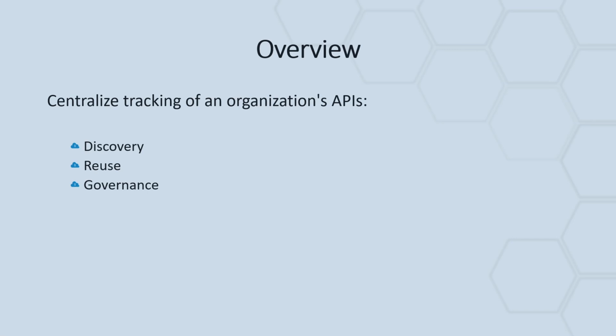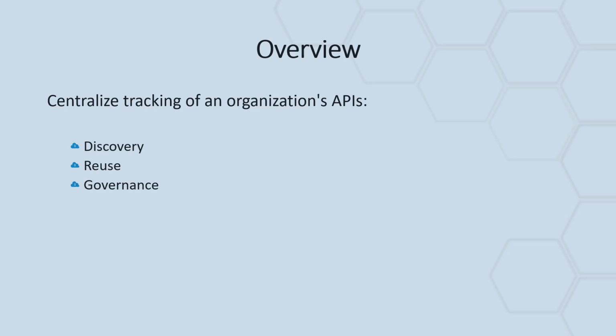Discovery is the process of finding and understanding the APIs available within an organization. Reuse is the ability to use existing APIs for new purposes or in new applications, reducing the need to develop similar functionality from scratch.